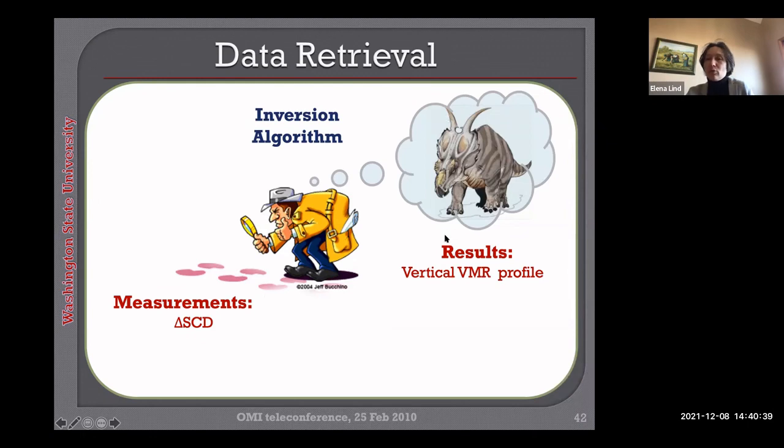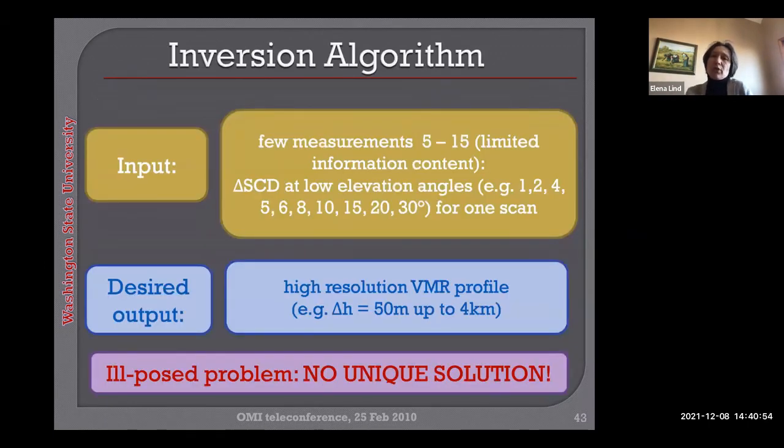And then you want to retrieve whoever left that footprint, with the colors and shapes and absolutely everything else, like a vertical profile for trace gases or aerosols. So what are your inputs and how good is your problem? The inputs are typically your differential slant column density measurements at several elevation angles for one scan.